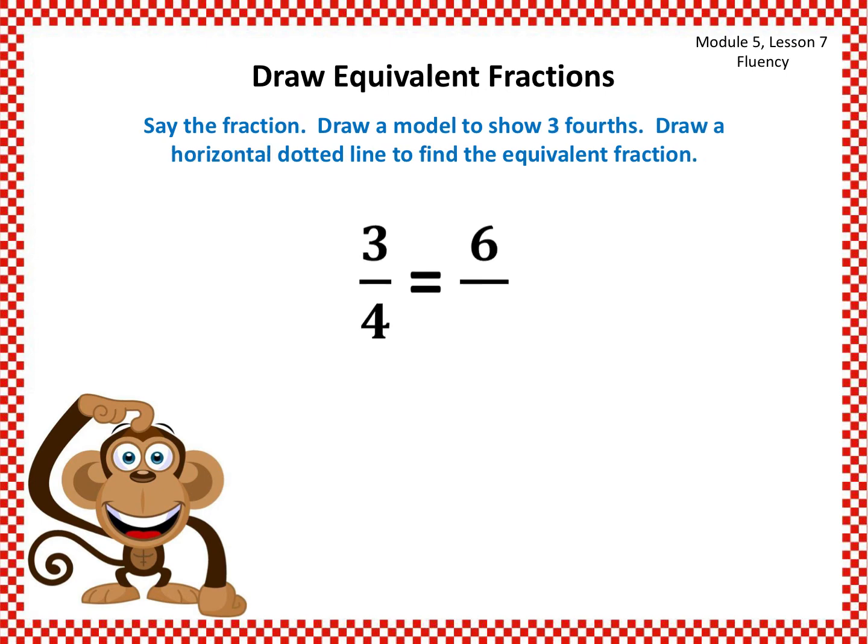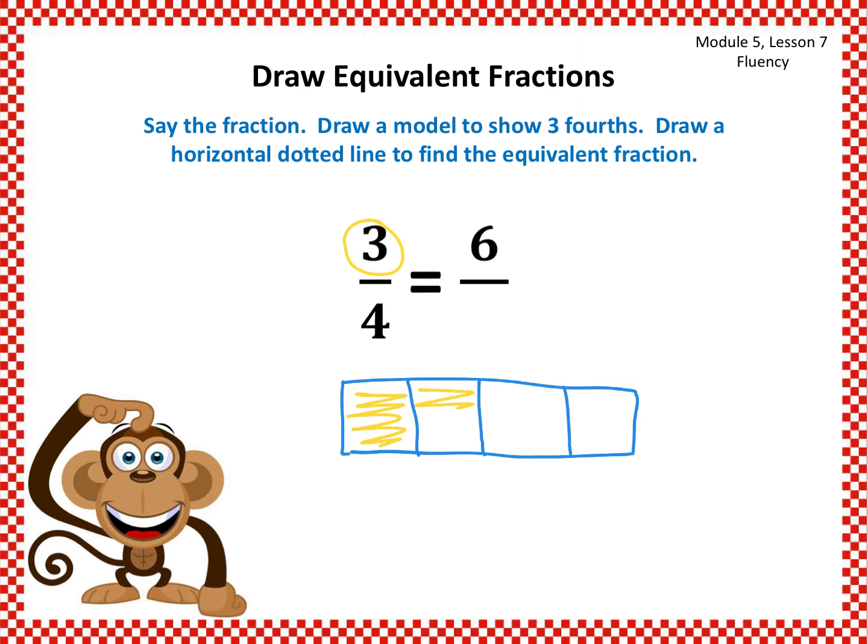We're going to try that again. This time we're going to draw 3/4, so I'm going to draw my model. And because 4 is my denominator, that tells me I'm going to divide it into 4 parts. And I'm going to color in or shade 3 of them because that is my number on the top. So I'm shading in 3 of those 4.